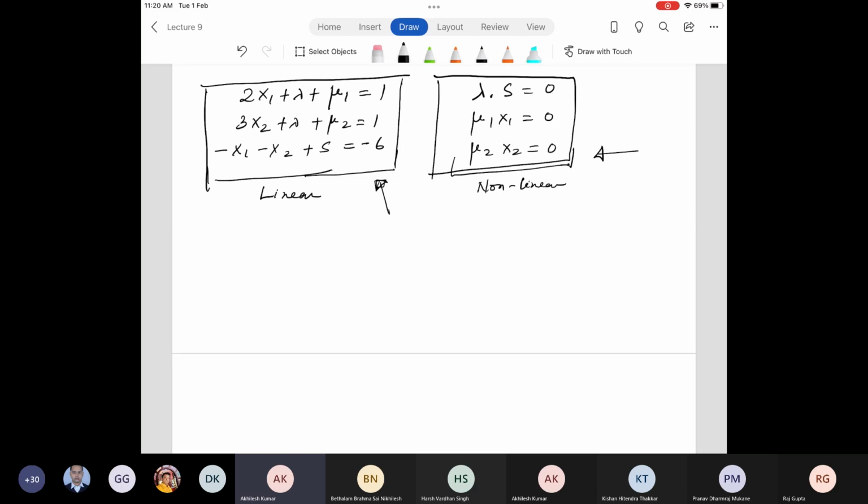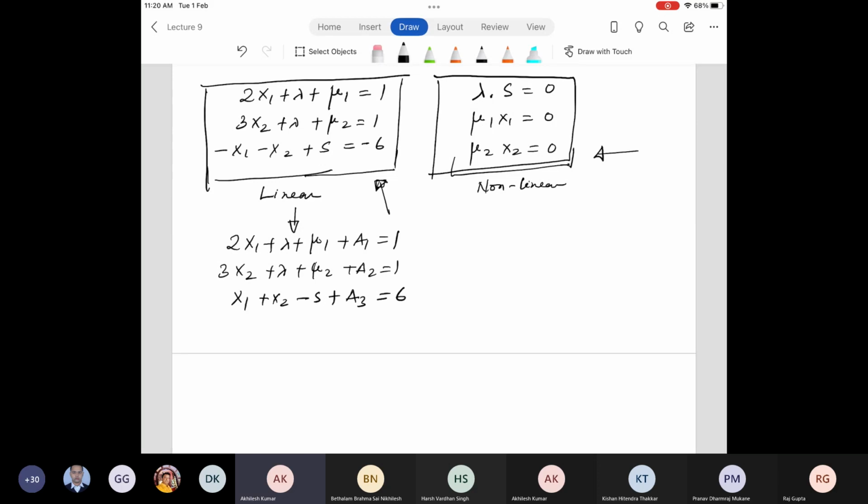There is a way. Let's first convert this into equality constraints, so I need artificial variables: 2x1 plus lambda plus mu1 plus a1 equals 1, 3x2 plus lambda plus mu2 plus a2 equals 1, and x1 plus x2 minus s plus a3 equals 6.